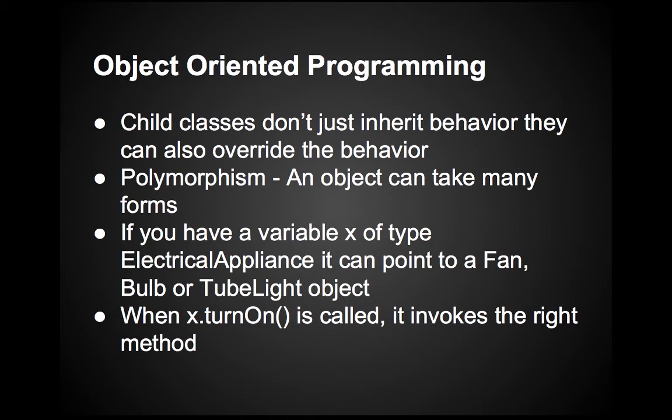Polymorphism is the concept where an object can take many forms, or a variable of a certain type can refer to different concrete objects. If you have a variable of type electrical appliance, it can point to a fan, a bulb, or a tube light. And when you invoke any behavior on that particular variable, it invokes the right method of the child.